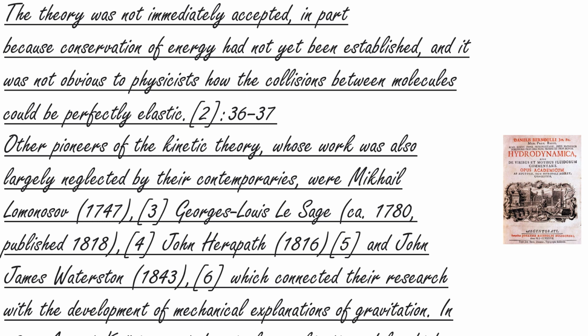Otherwise, the pioneers of the kinetic theory, whose work was also largely neglected by their contemporaries, were Mikhail Lomonosov, Georges-Louis Le Sage, published in 1818, John Herapath, and John James Waterston, who connected their research with the development of a mechanical explanation of gravitation. Only these three scientists were successful in combining the concepts of all these theories.